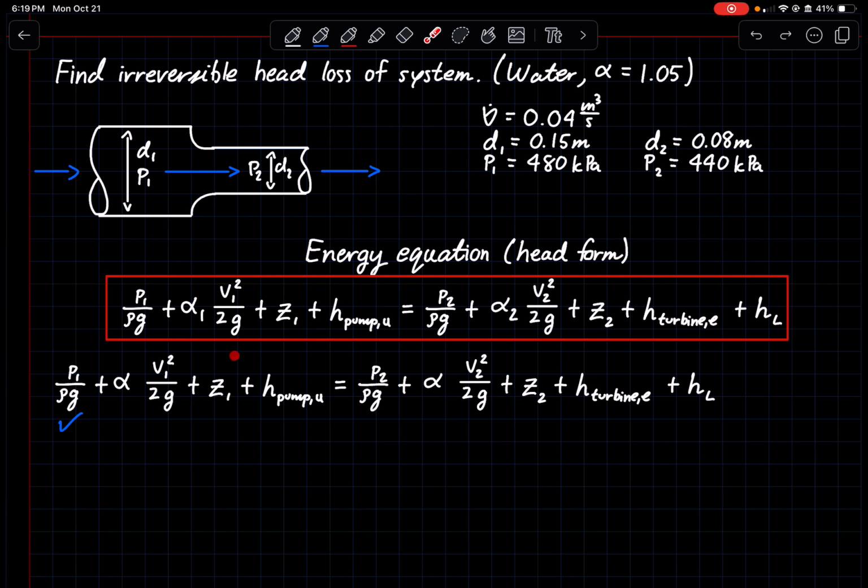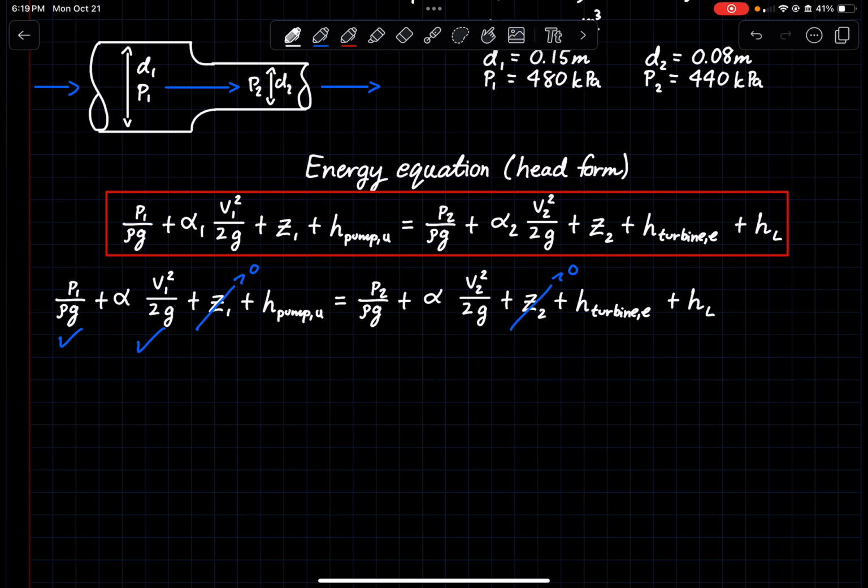Moving forward, we have our Z term. Z stands for elevation. And in this case, we have a horizontal pipe, so our Z term will actually go to 0. So Z really depends on the system that you have.